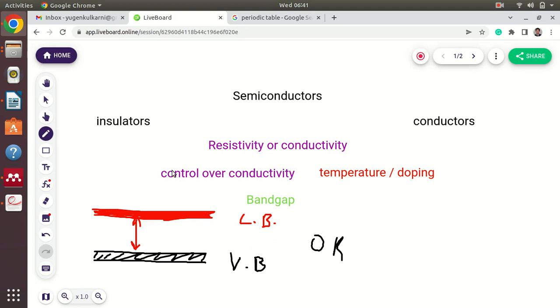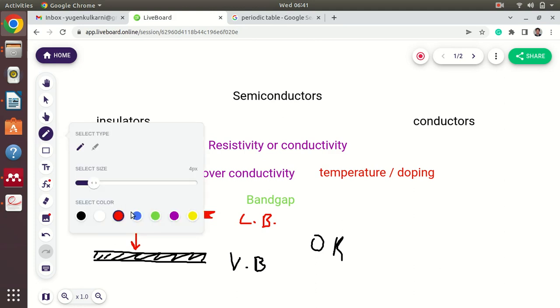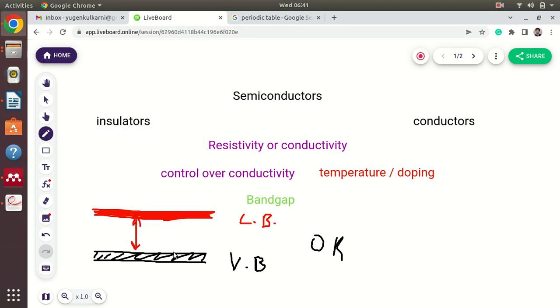To see the concept: when an electron gets enough energy and jumps from the valence band to the conduction band, then it is available for electrical current. This electron can pass from one atom to another and can further travel. So this is available for the electric current.